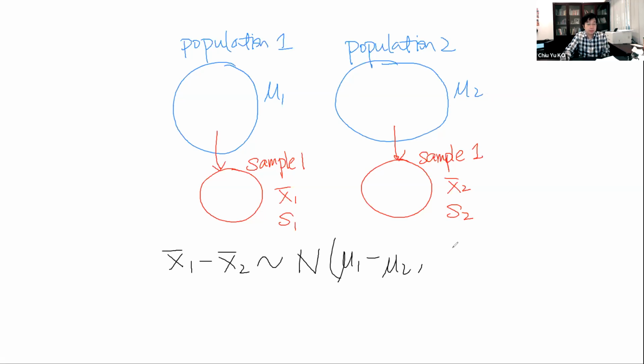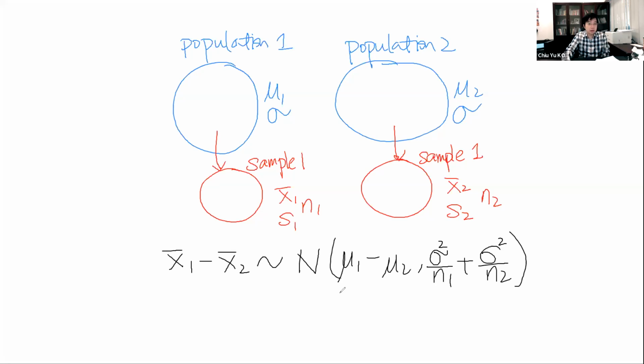And we have equal sigmas, so they have the same sigma. So the variance will be sigma squared over n1 plus sigma squared over n2, where n1 and n2 are the sample sizes.